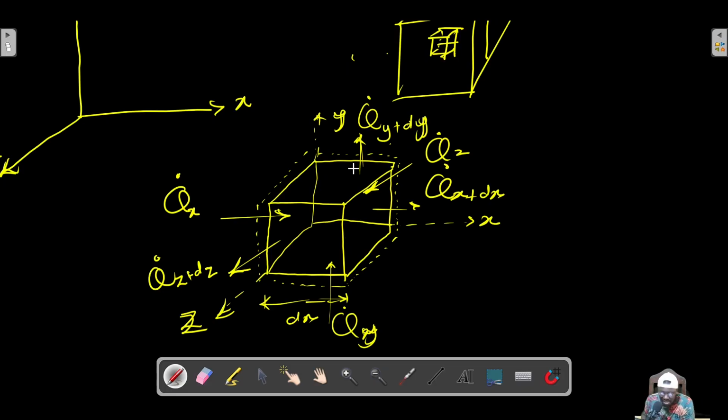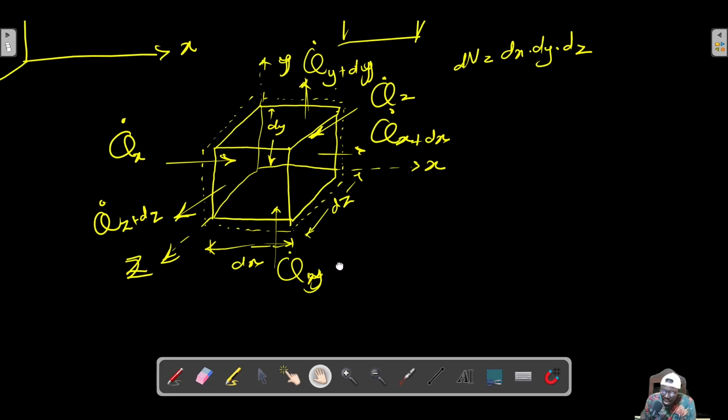Since this is an infinitesimal volumetric element, the dimension along the z-axis is also dz, and similarly the dimension along the y-axis is dy. Then the volume of this control volume would be dV equal to dx times dy times dz.